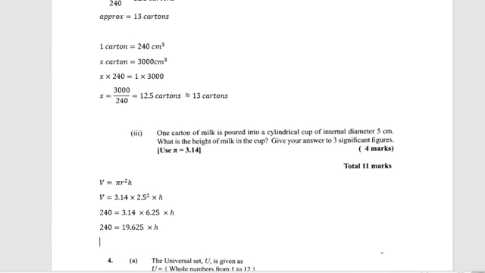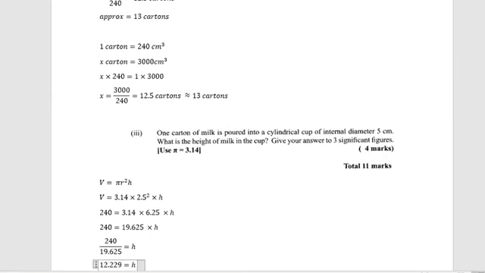And what we have is 240 divided by 19.625. So it was multiplying on the right hand side; when it comes across, it will be dividing. That is equal to h, or height. And when you do that, your exact answer will be 12.229, which is equal to our height.